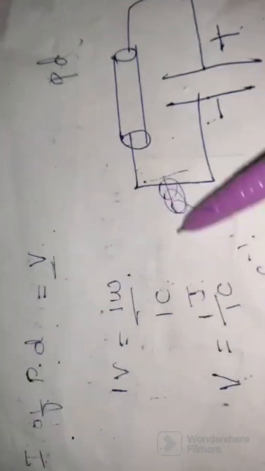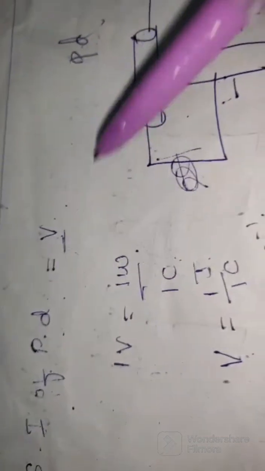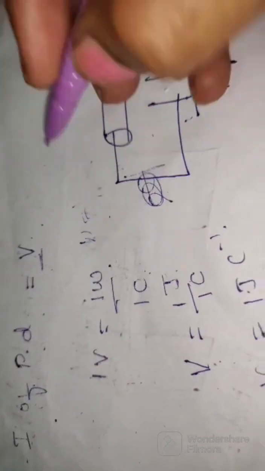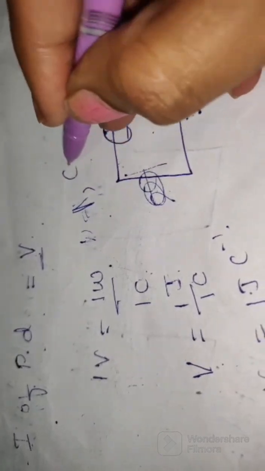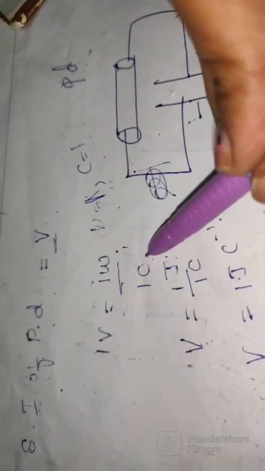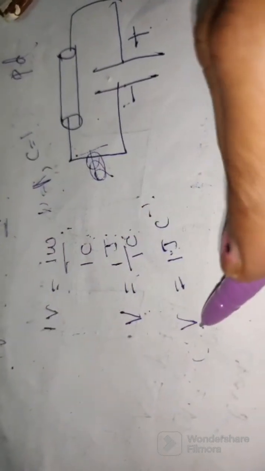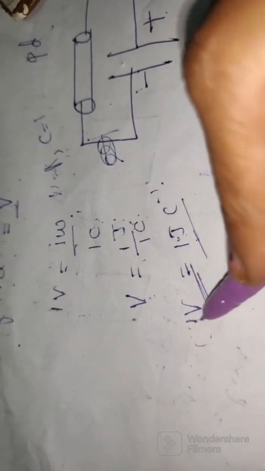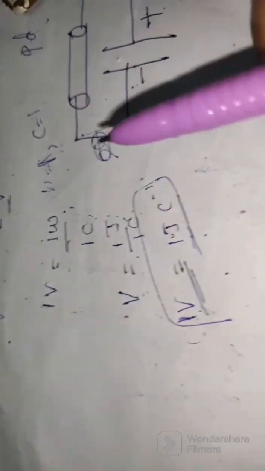So the work done is 1 and the charge is 1. If we substitute, the SI unit of work is joule and the charge is coulomb, C. So the SI unit will be joule per coulomb. This is 1 volt.